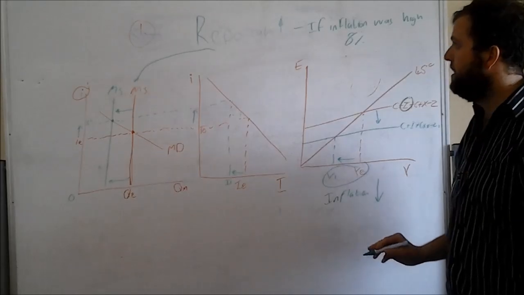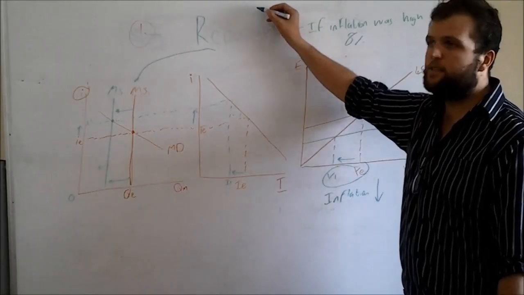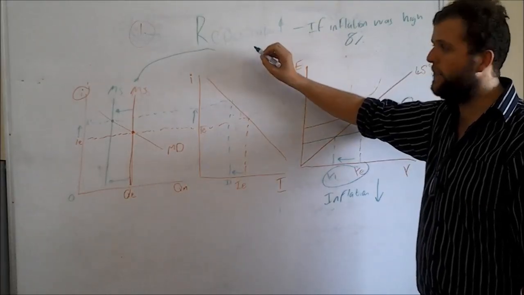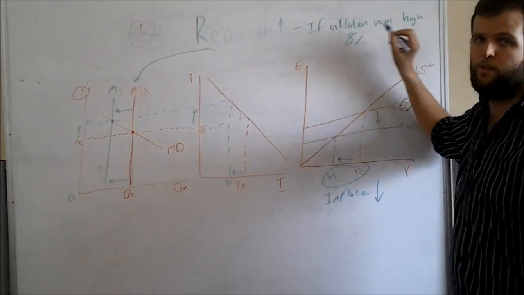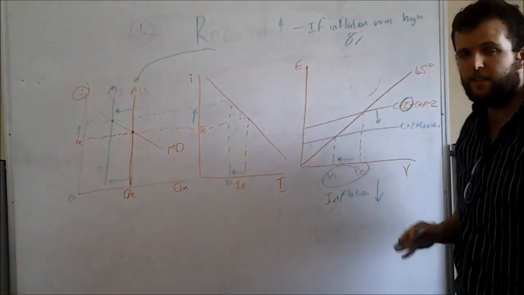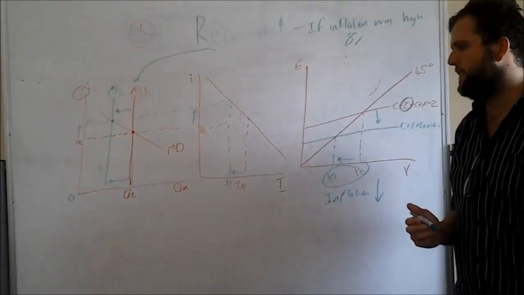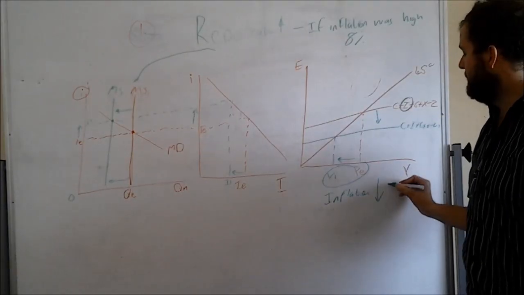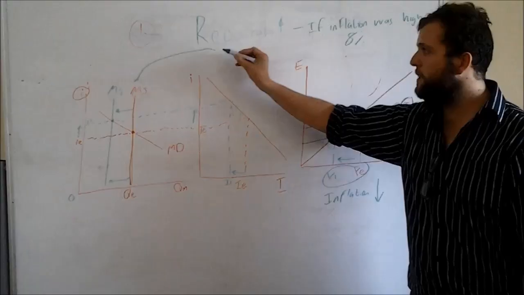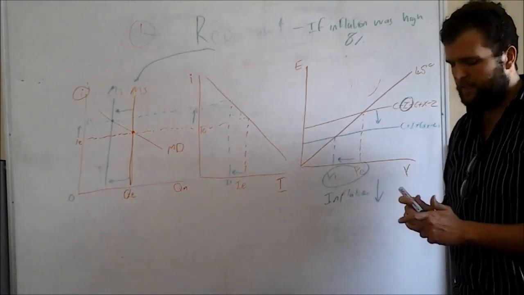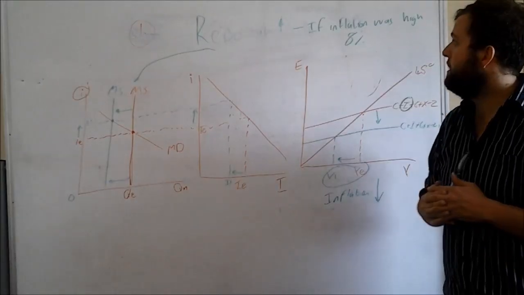So they used a restrictive monetary policy by increasing the repo rate because the inflation rate was too high. These are the type of questions you can expect, and we'll do more case studies like this in the future. Okay, so by increasing the repo rate, they decrease inflation. Okay, so that was the restrictive monetary policy.